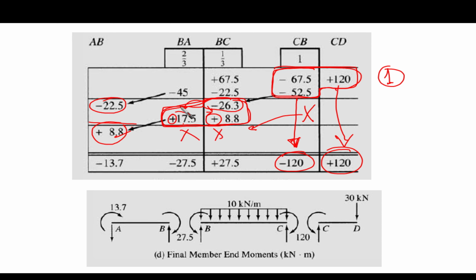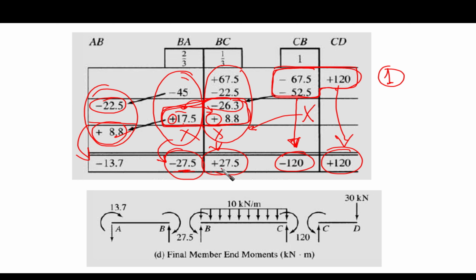Then sum up all the moments here, which gives you minus 13.7. Sum all the moments at point B from the left, which gives you minus 27.5. For your check, the right of point B should give the same magnitude with opposite sign. And similarly at point C, from the very beginning we stopped because we balanced it only once.